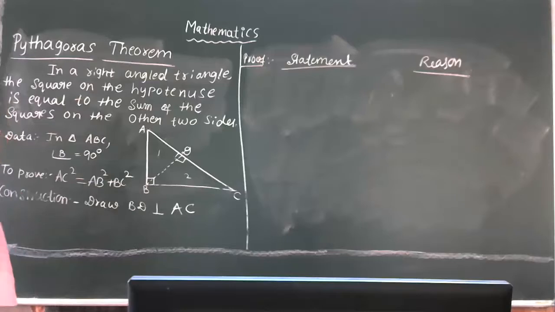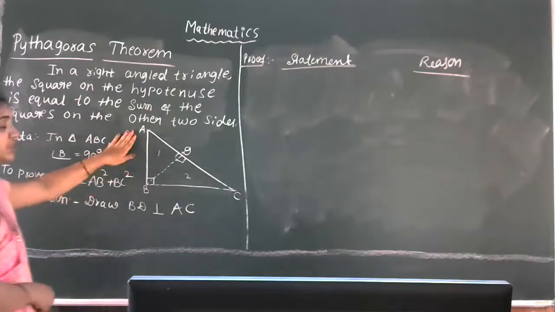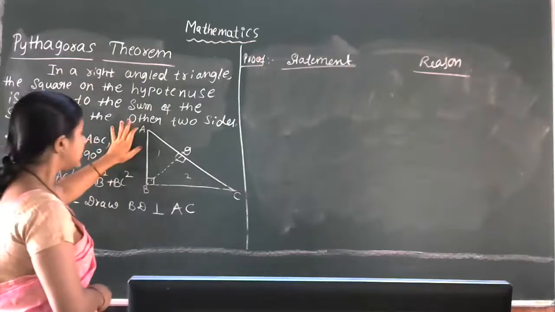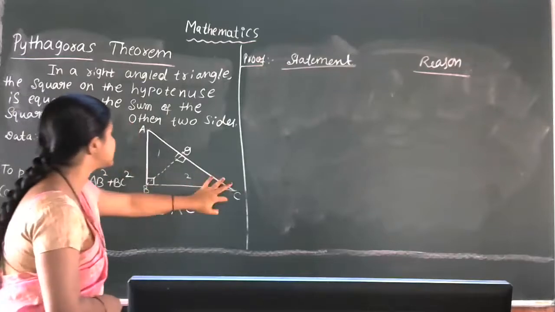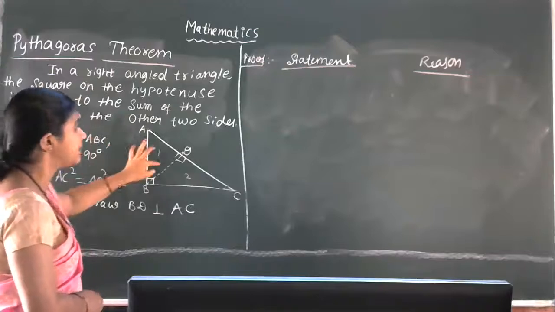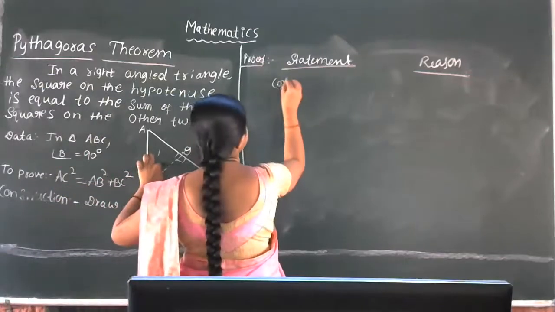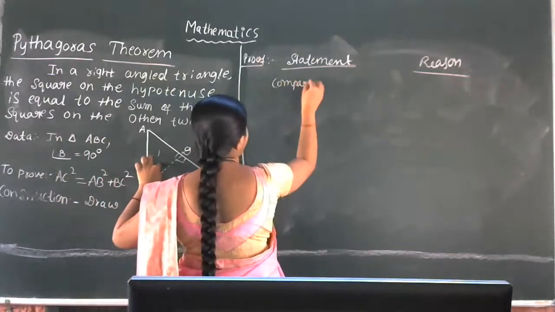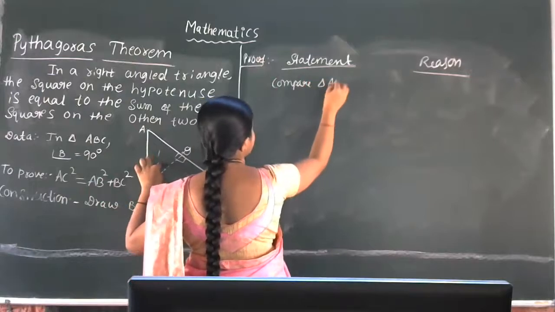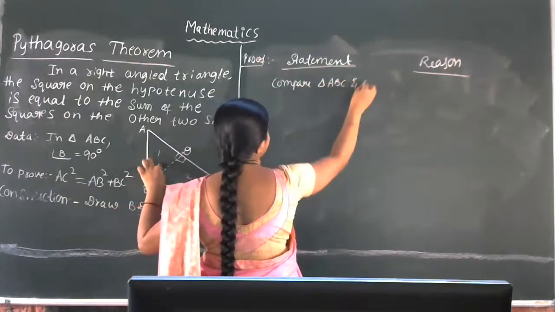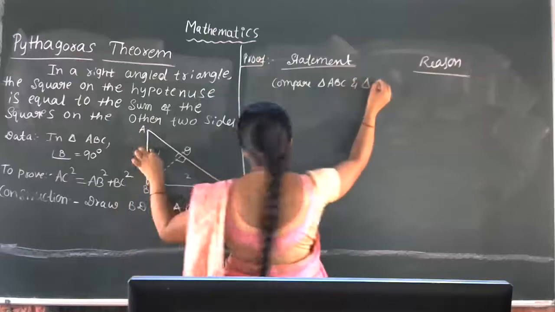So we got the result that triangle ABC is similar to triangle ADB. When two triangles are similar, their corresponding sides are in proportion. Now we have to take the corresponding sides in proportion.